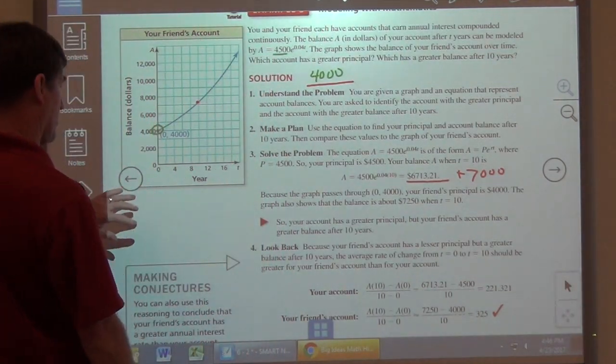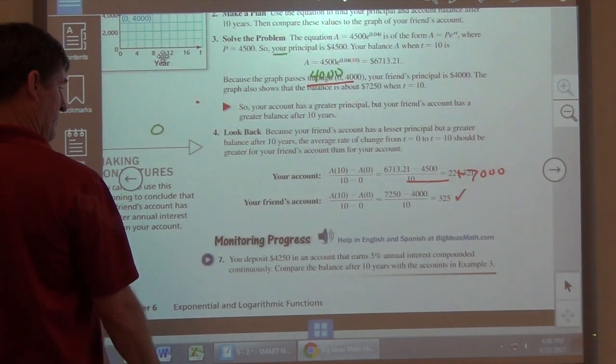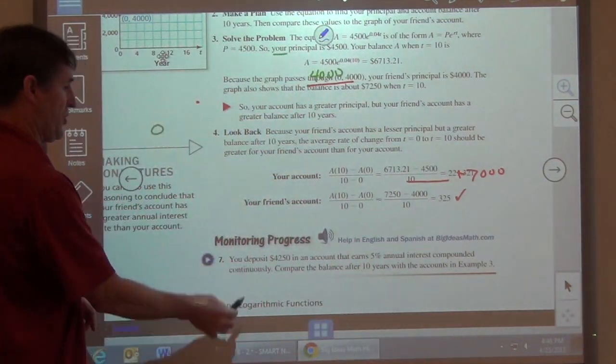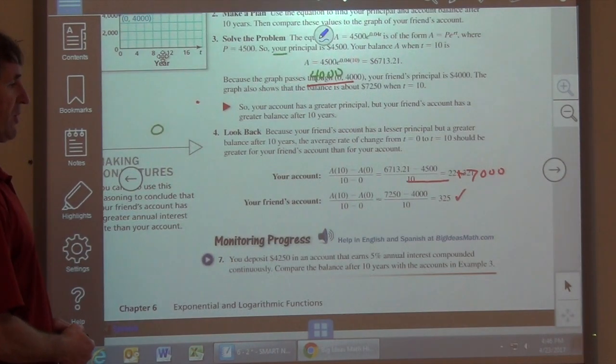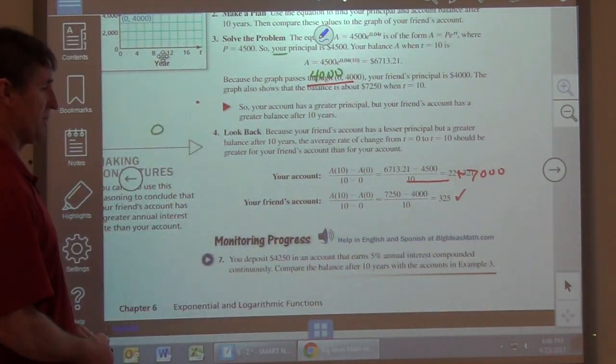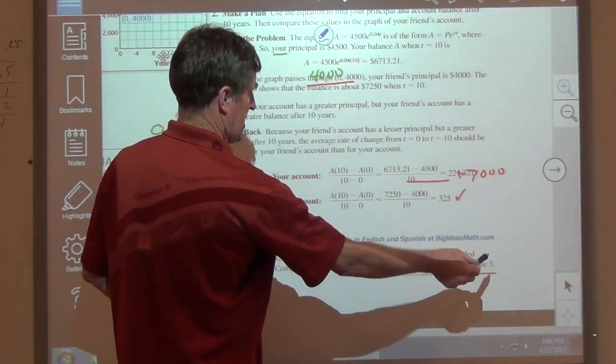Then they wanted us to look at this one, which says you deposit $4,250 in an account that earns 5% annual interest compounded continuously. Compare the balance after 10 years with the accounts in example 3.